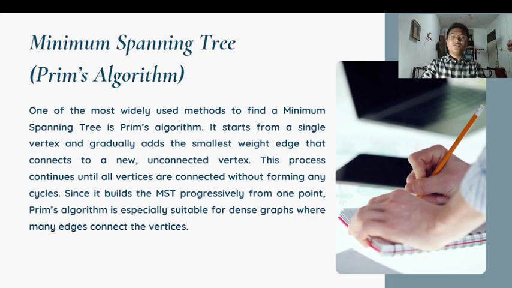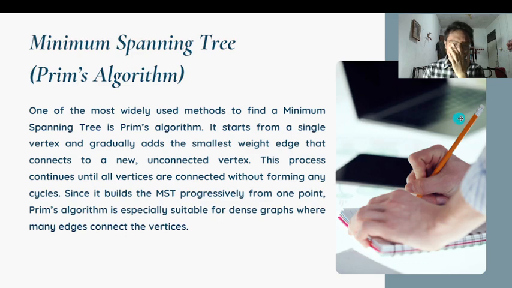This process continues until all vertices are connected without forming any cycles. Since it builds the MST progressively from one point, Prim's algorithm is especially suitable for dense graphs where many edges connect the vertices. This is the explanation for Prim's algorithm.